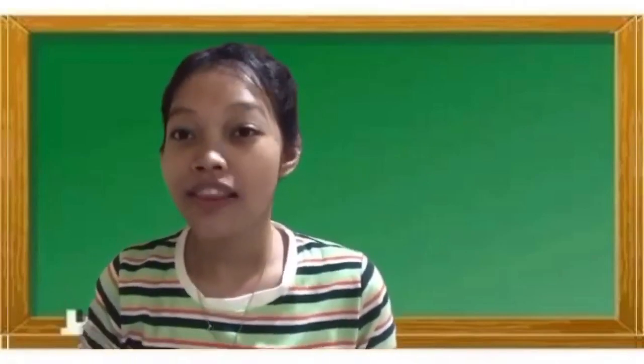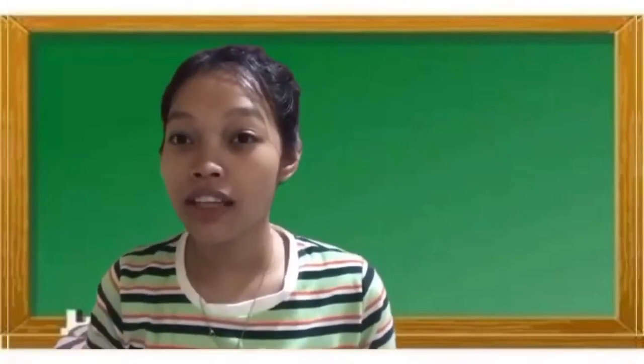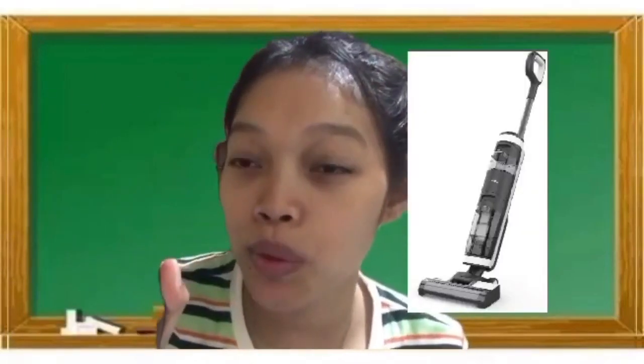It is very essential in our house that we all have this kind of tool, for the reason that it also helps protect us from bacteria that is spreading around in our houses. The example of this vacuum cleaner is this. That is the use of a vacuum cleaner.